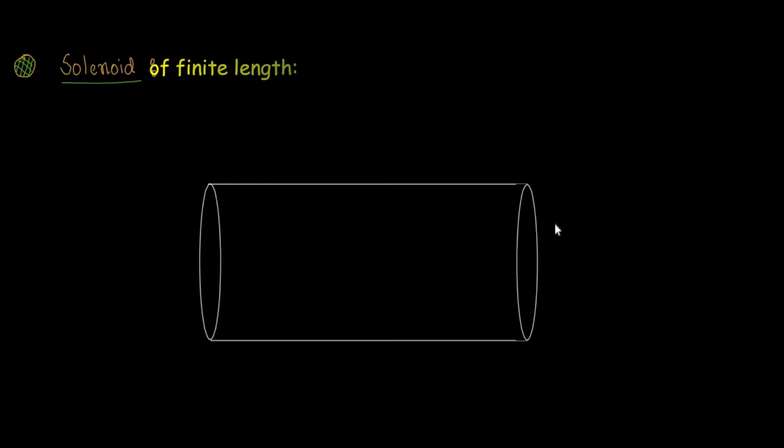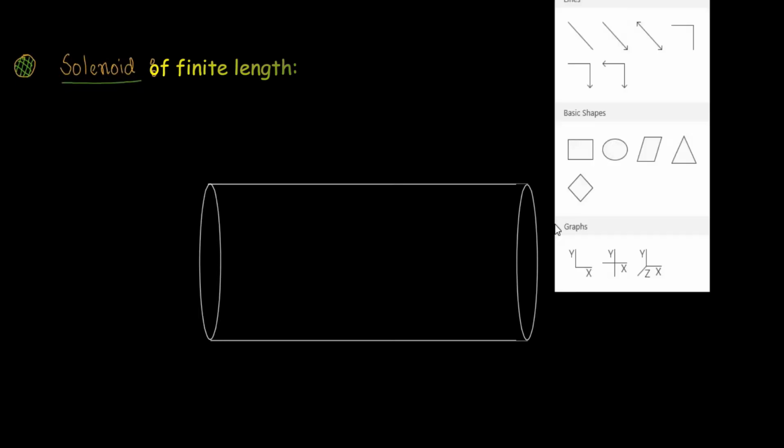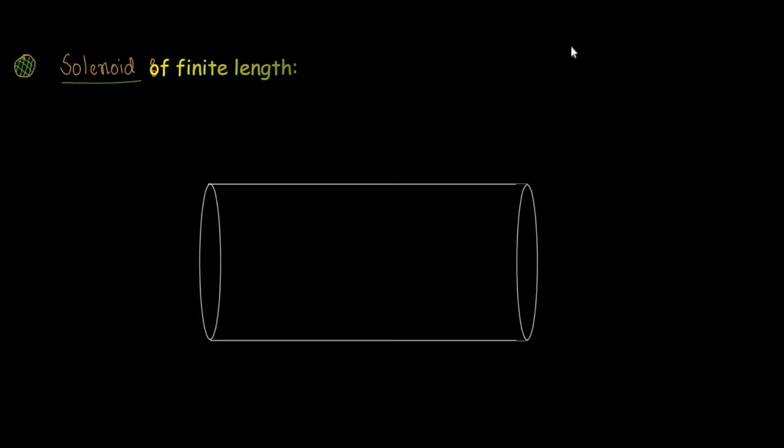In the diagram of the solenoid, this is a cylindrical core on which an insulated copper wire will be wound in the shape of a helix. This is the cylindrical core of magnetic permeability mu.